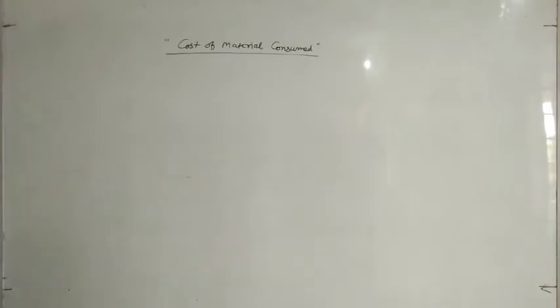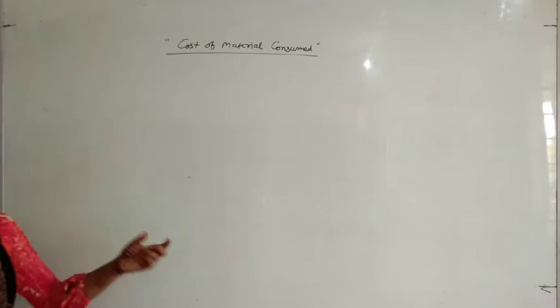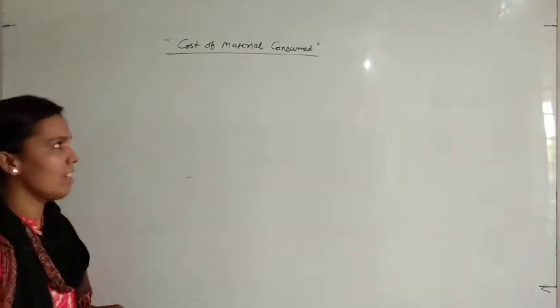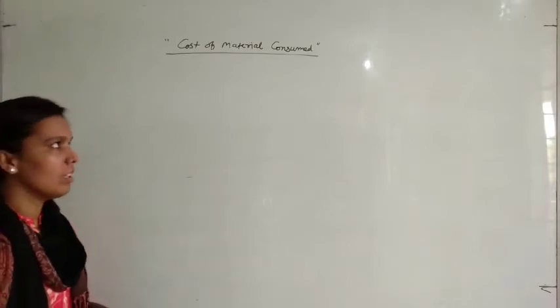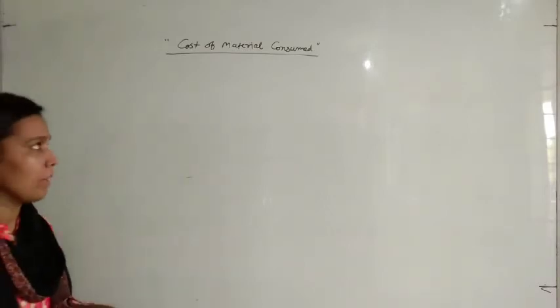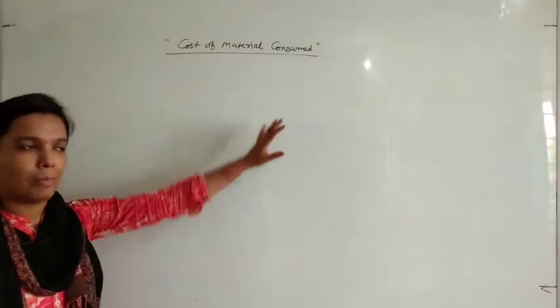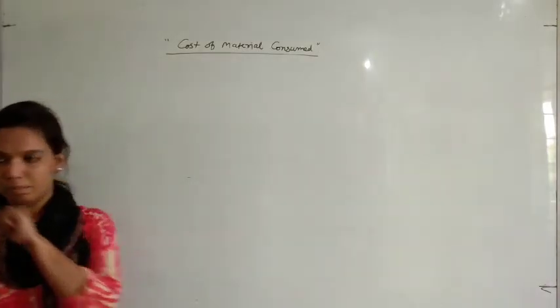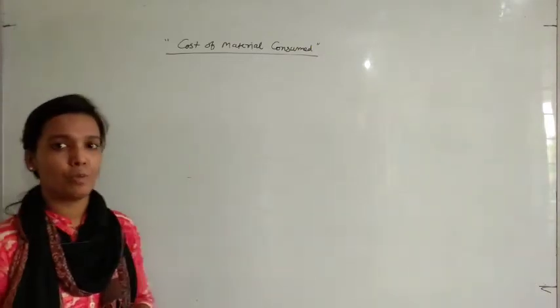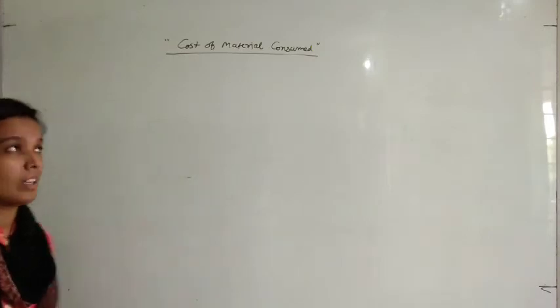Yes. So now we are going to start a new point, that is cost of material consumed, and this is the last point of this chapter. Cost of material consumed. What is the meaning of material consumed? Material consumed means which type of materials are consumed by not for profit organizations.